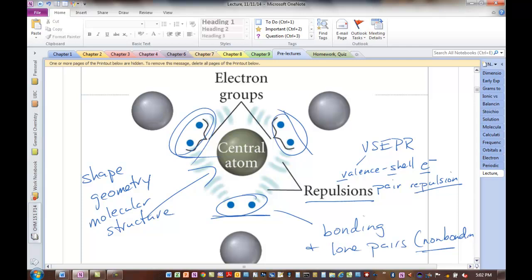All we've really looked at is how many pairs of electrons are around each atom, but we haven't said, well, how are those atoms arranged relative to each other? I mean, we draw a picture, but we really weren't concerned about how we connected things. So now we're going to actually start looking at what is the shape or geometry. How are the atoms arranged relative to each other? So we're going a step further past the Lewis model.